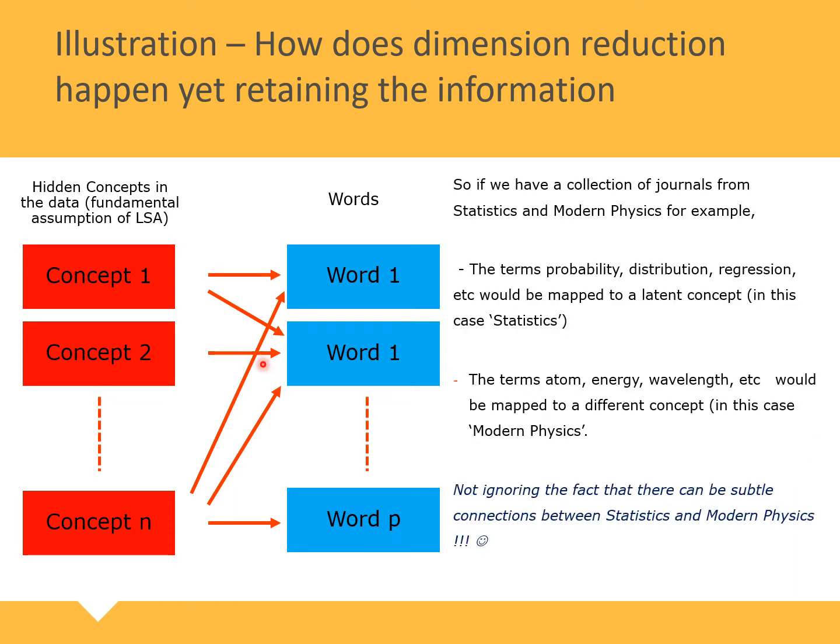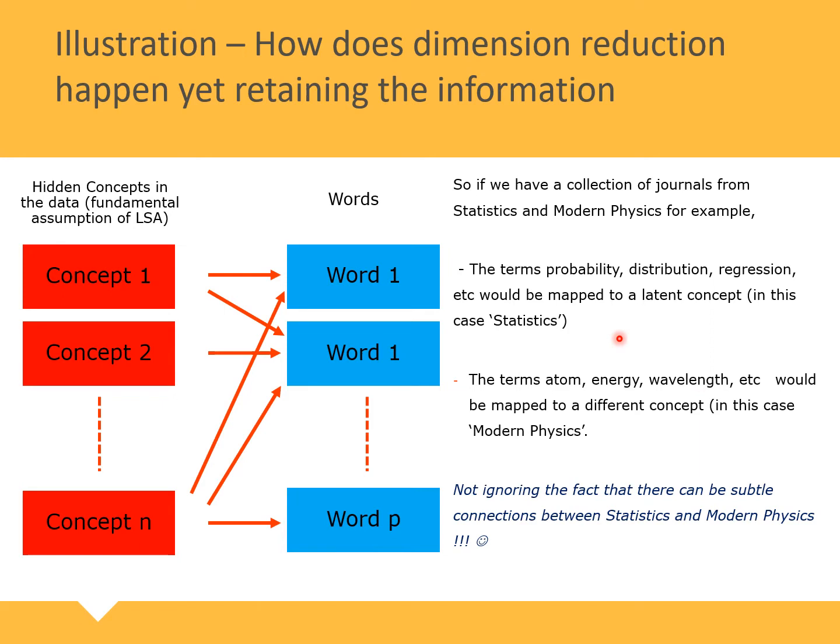So just to carry this example a step further, let's say your data is a collection of published journals from two different domains, statistics and modern physics. Then terms like probability, distribution, regression, etc. will be more likely to co-occur together compared to other terms like atom, energy, wavelength, etc.